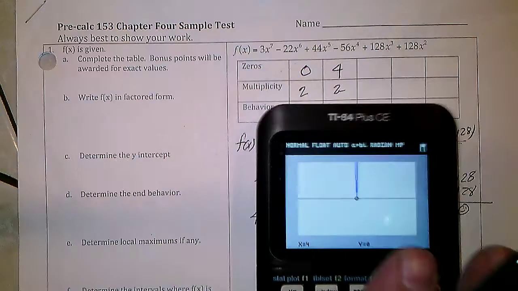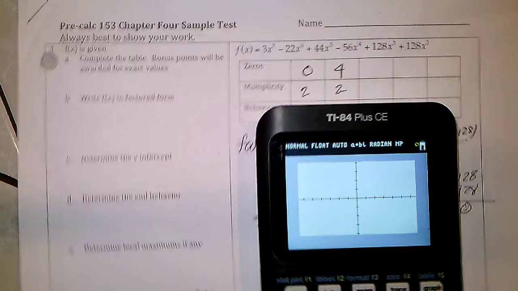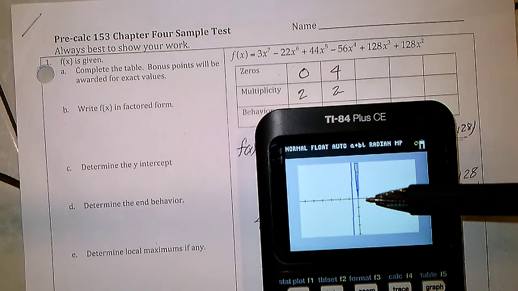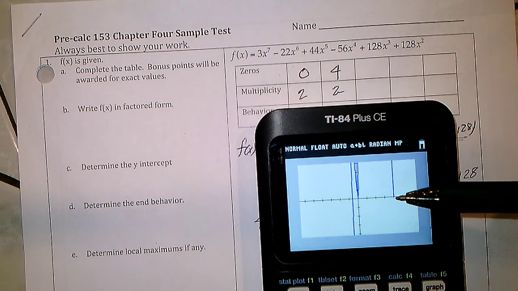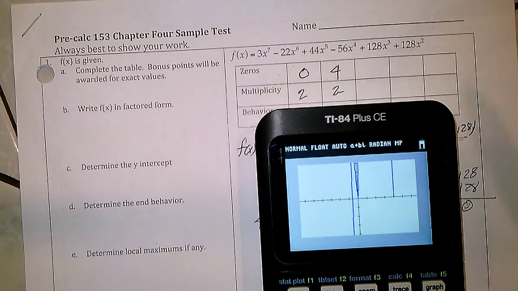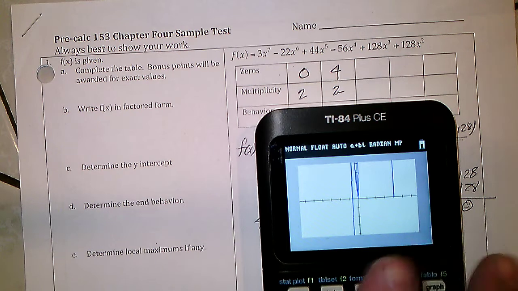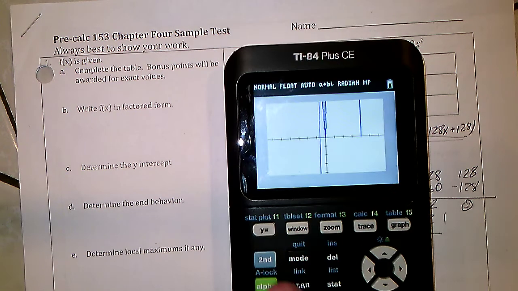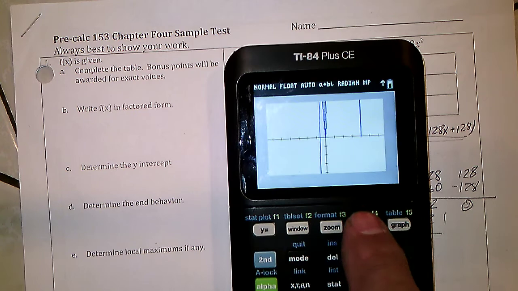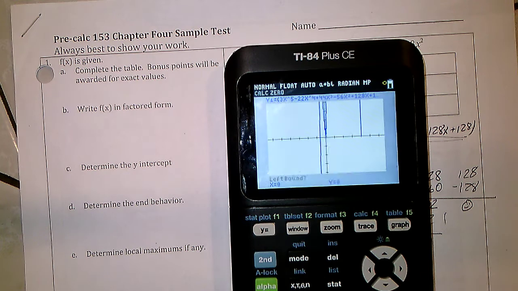Okay. So back to the original here, zoom 4. At 0 and at 4, I wonder what that one is. So let's ask the calculator by going second, calculate the 0 that's between.